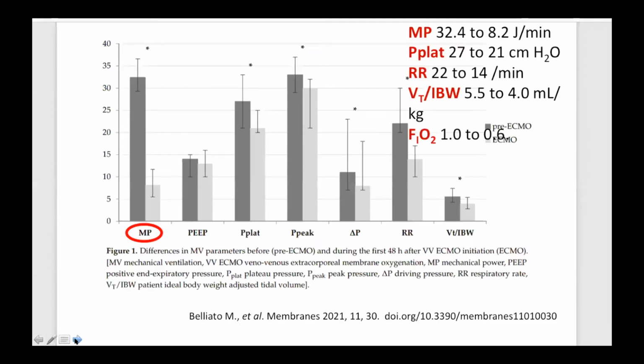This is just a composite graph showing the major findings. And on the right-hand side in the corner, you'll see that I've highlighted that there was a significant reduction in the mechanical power from 32 to 8, and the plateau pressures, and the respiratory rate, before and after the institution of ECMO.